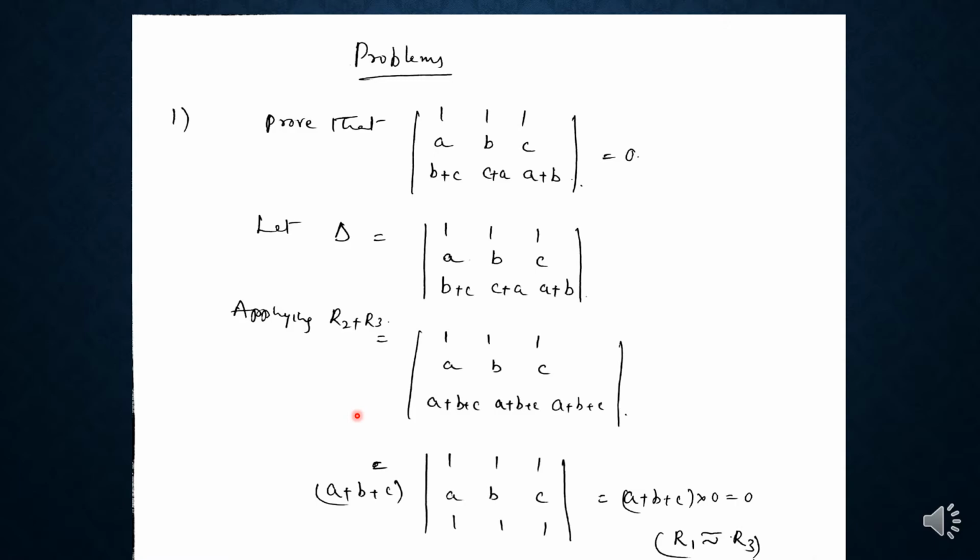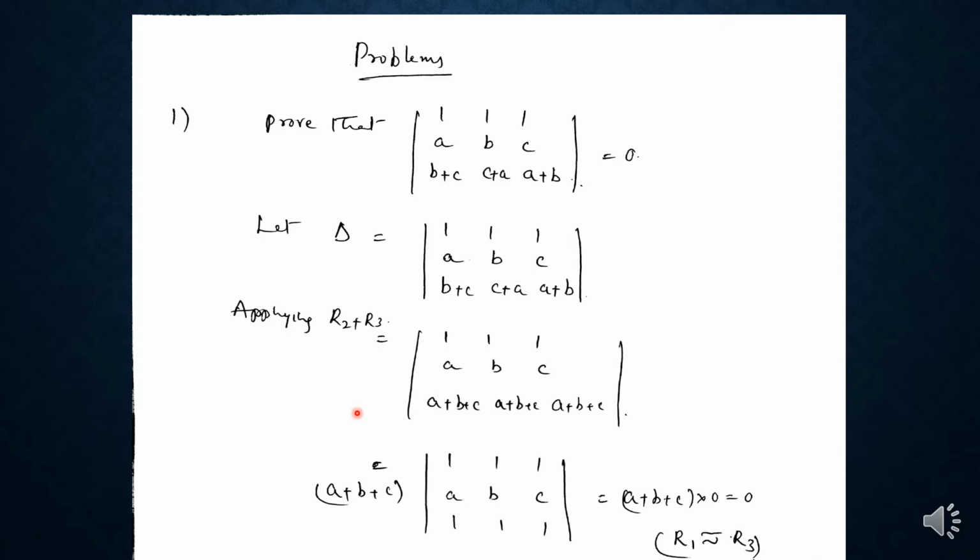Second property is, if any two rows or any two columns of a determinant are interchanged, then the sign of the determinant is changed. Third property is, if any two rows or any two columns are identical in a determinant, then the value of the determinant is 0.